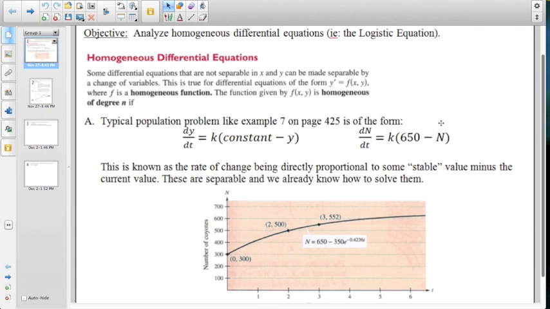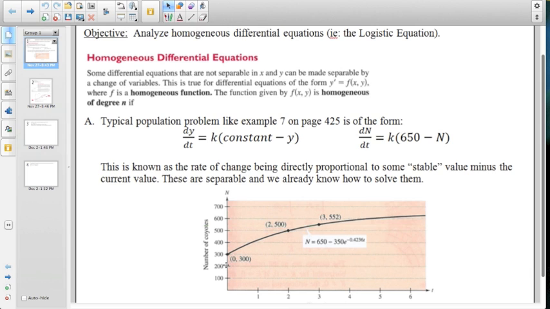really just making some general conclusions about the general shape of what this looks like. This is one of two logistic equations that are real common, especially on the multiple choice portion of the AP exam. If we would solve this differential equation, separating the variables, it has a logarithmic or natural log or exponential sort of shape to it.